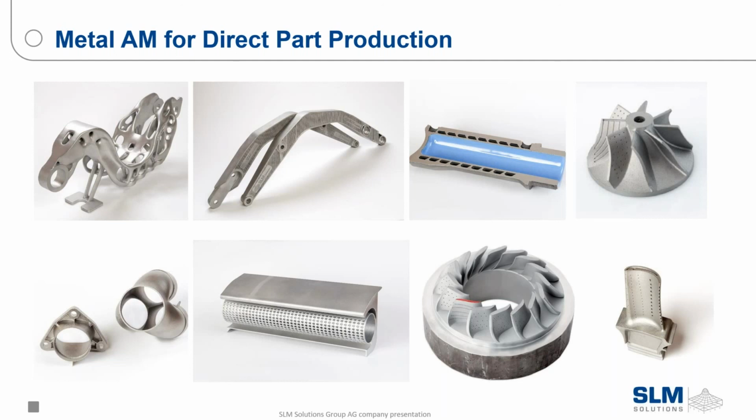Hold on one second. The resolution of the scans for internal features is actually very accurate. I don't have a number off the top of my head right now, but it's accurate enough to find 5, 10, 15 micron voids within metal. So it's a very, very accurate system.